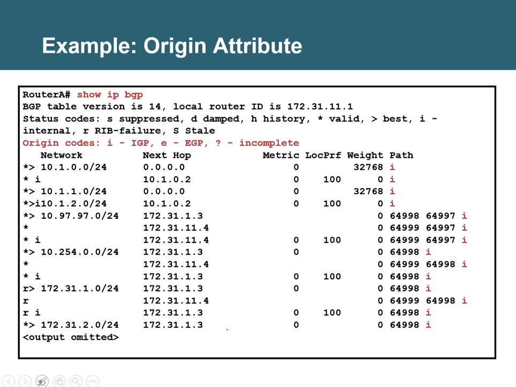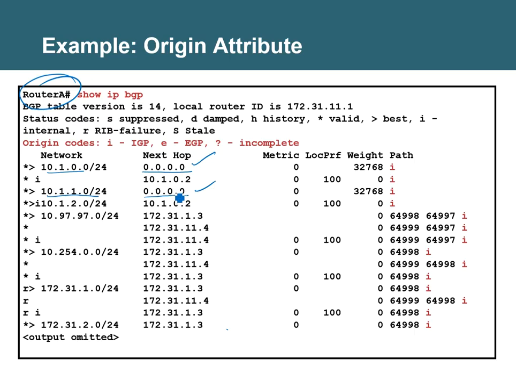It's coming again. You see, if you have next hop 0.0.0.0, what does that mean? These networks are not coming from somewhere. It is locally advertised right on this router. So when the network is local, the next hop is 0.0.0.0. That itself says it's not coming from someone.